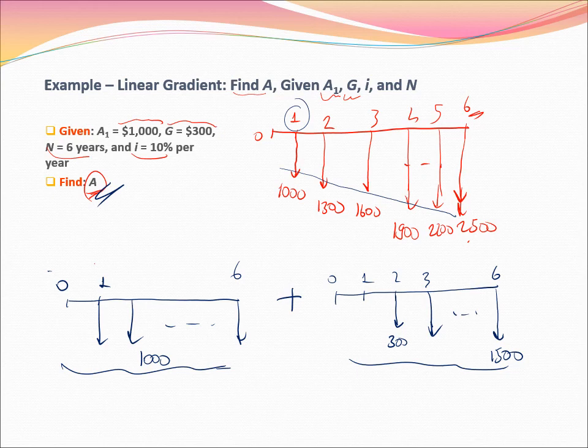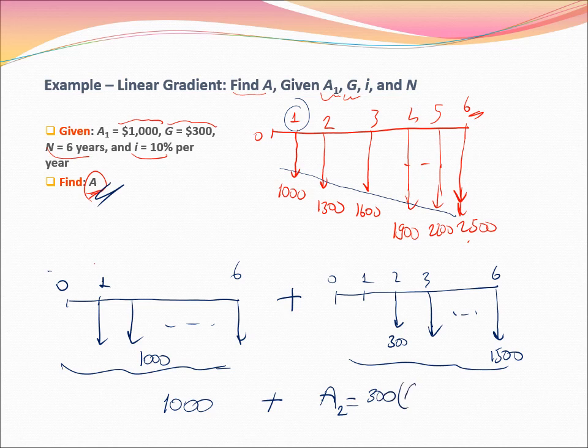For this first one, how do I convert this to a uniform payment series? Or do I need to convert it? Because it's already uniform, there's nothing to convert here. It will be just 1000 for each of the 6 periods, plus I need to convert this one into a uniform payment series. And how do I do this? Let me name it as A2, and I need to use this factor, the increase amount 300.